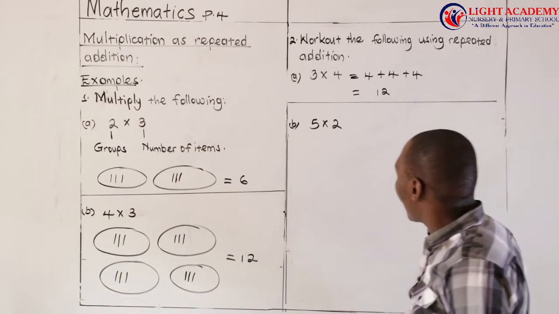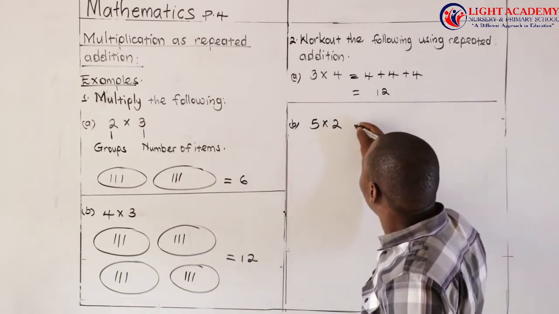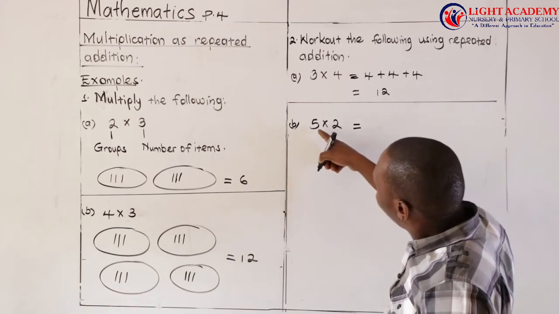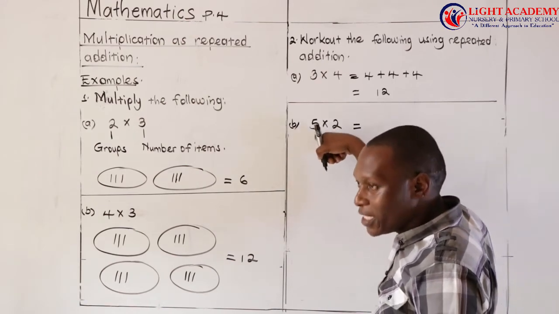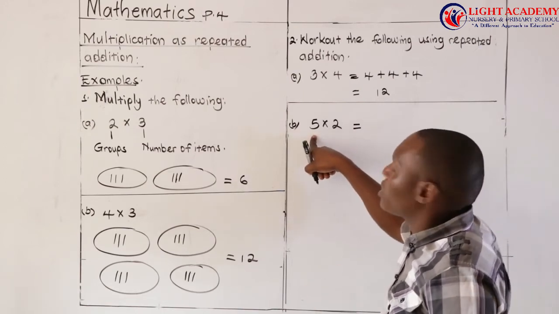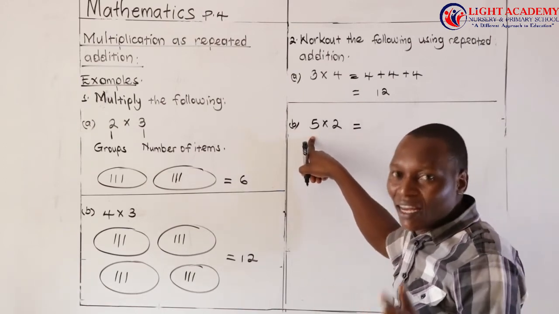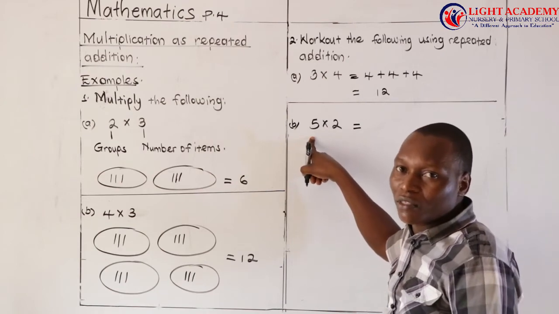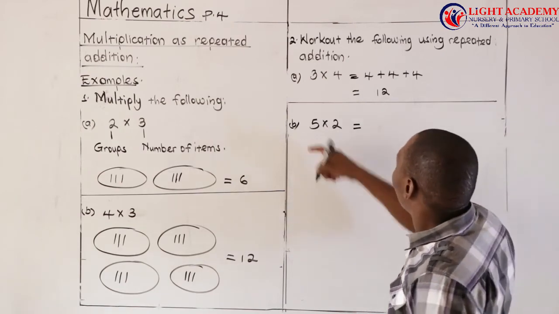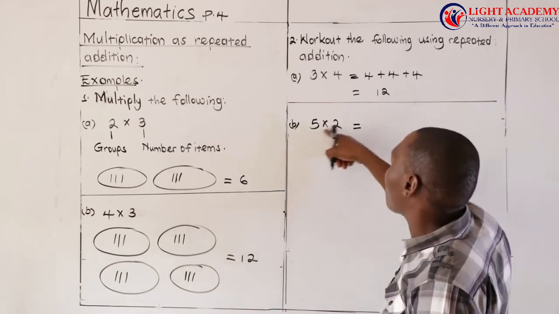So for this one here, we shall simply have this one being equivalent to, I'm having 5 groups, but in each group, I must have 2 items. Meaning I must add 2 for 5 times to mean 5 multiplied by 2. Because we are saying 5 groups of 2.